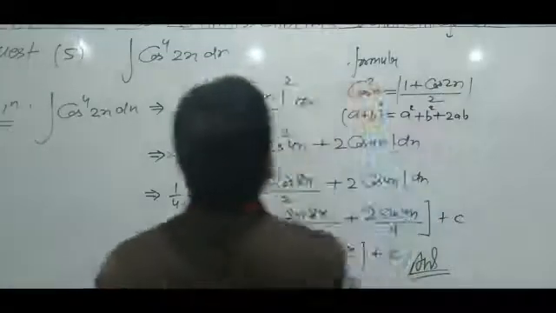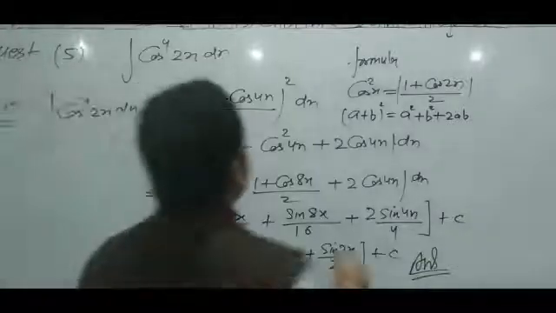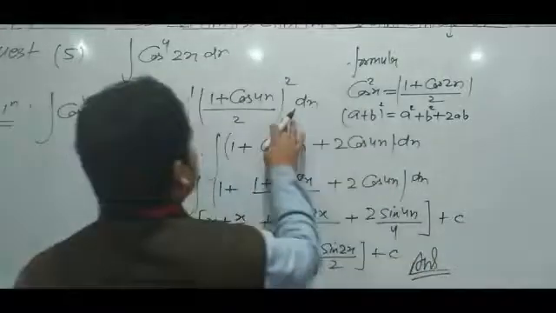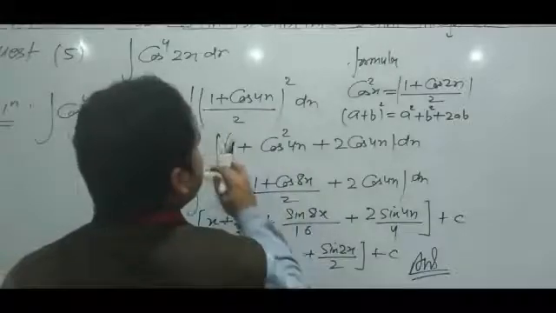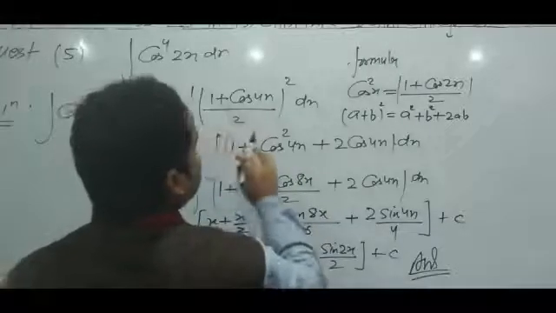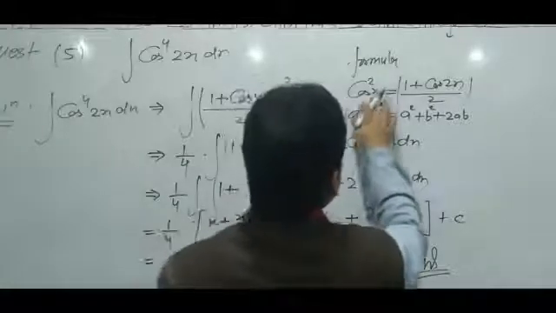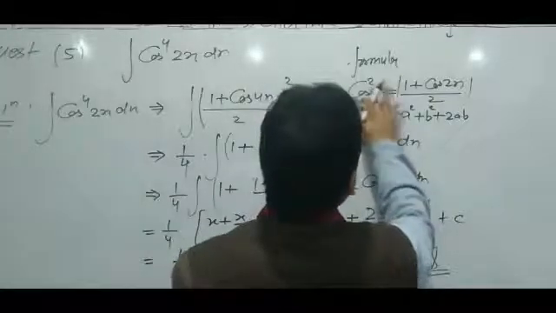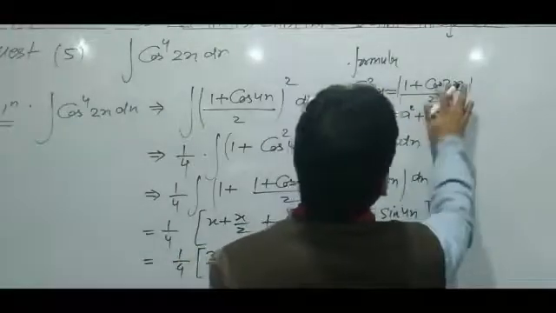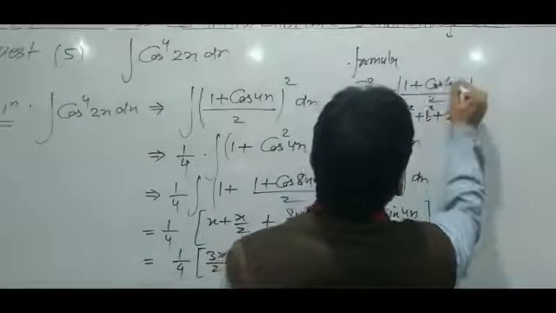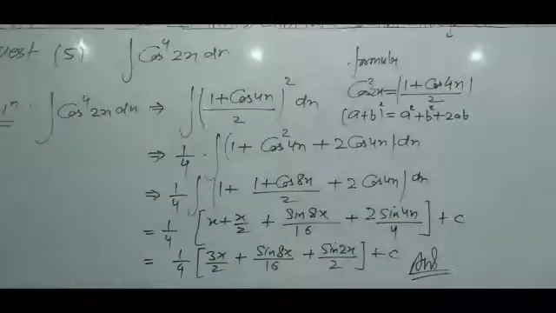This formula we have to use in this equation. And in this step, 1 plus cos 4x by 2, when you simplify, is cos square 2x. So cos square 2x, what can we write? This is x and this is 2x, so when you put 2x, this will be 4x. So this is the formula.